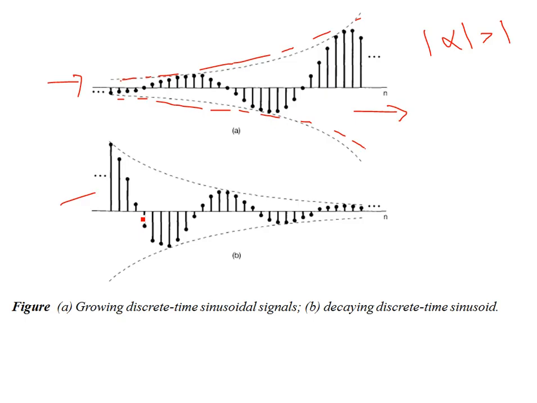Similarly, if the magnitude of alpha is less than 1, then you have decay. The oscillations are going to decay with the discrete time index, and the amplitude of the samples will become small with increasing n. So A is a growing discrete time sinusoidal signal for alpha greater than 1, and B is a decaying discrete time sinusoid for magnitude of alpha less than 1.